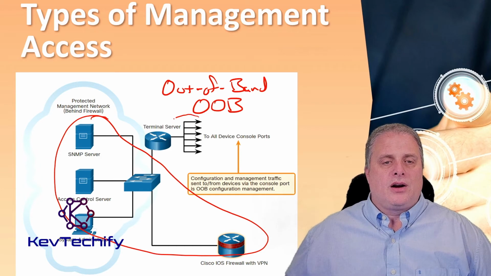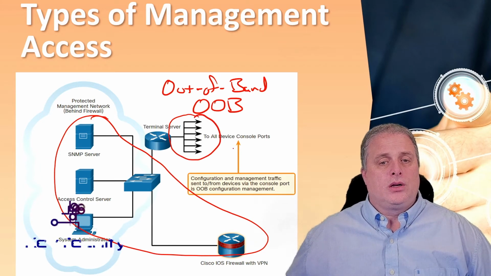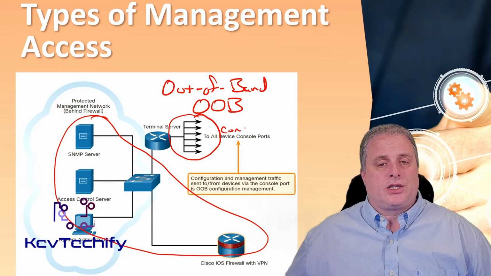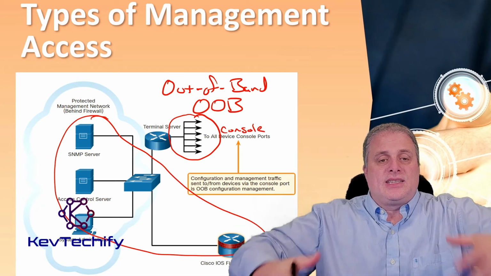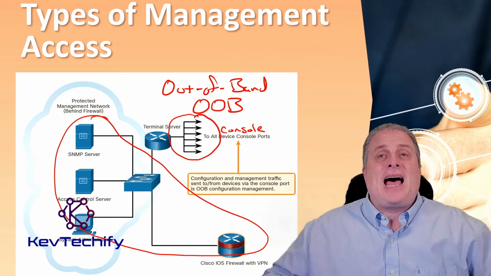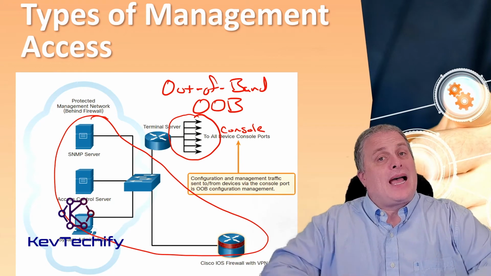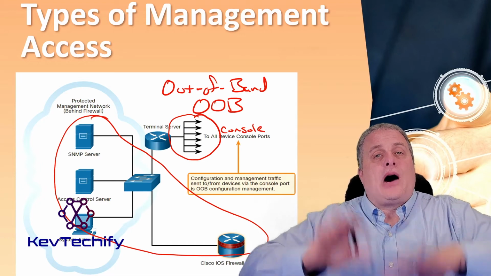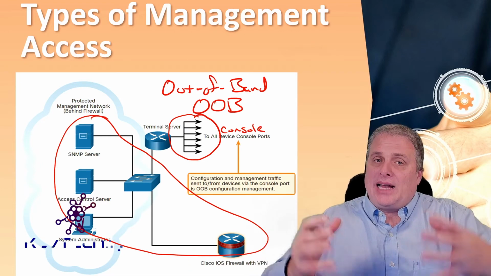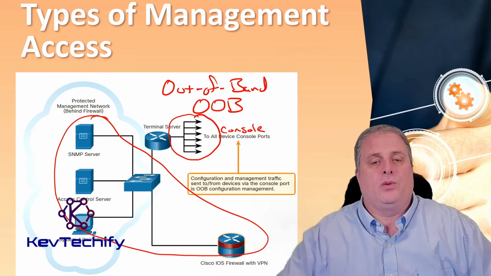What we have here is either a separate network or this could be console connections to all of your devices. This information flows not on your bandwidth. It flows outside of the bandwidth of your normal network. This is where we get out of band. So it's not on your bandwidth, it's outside of your bandwidth.